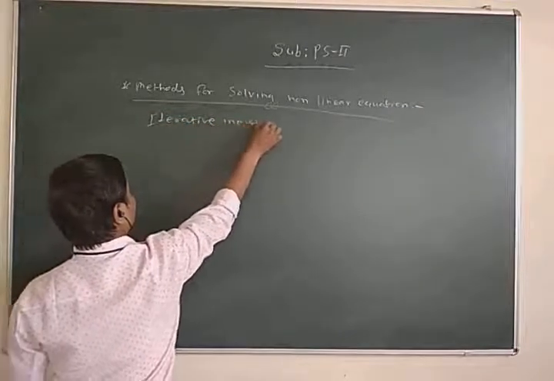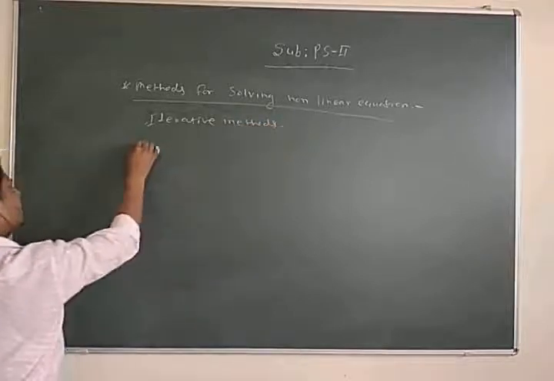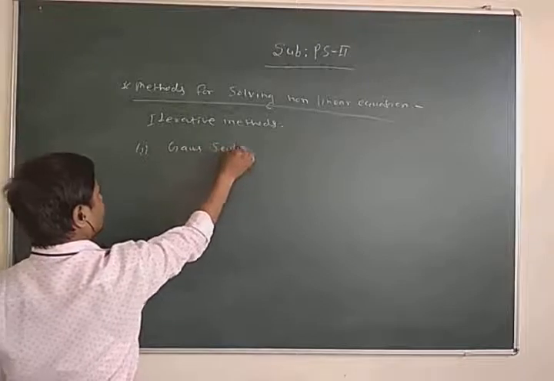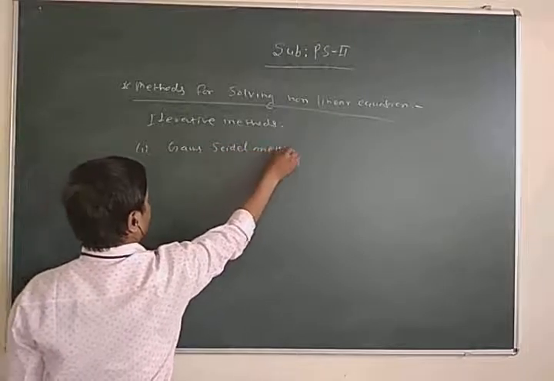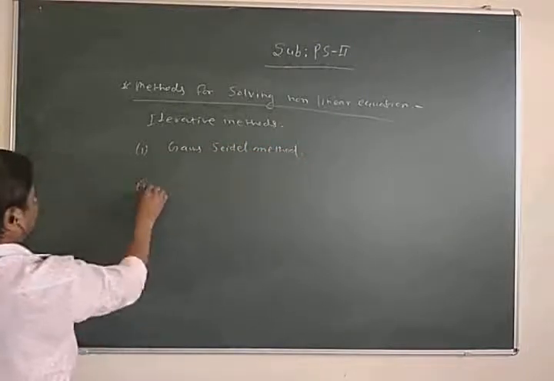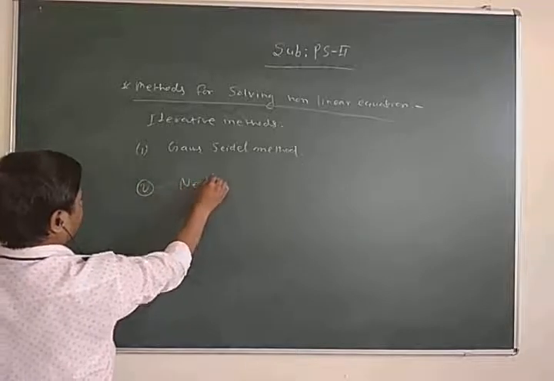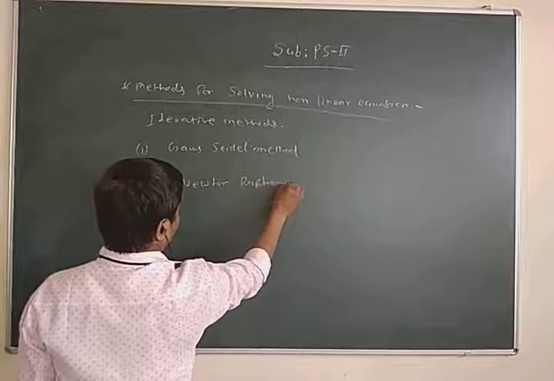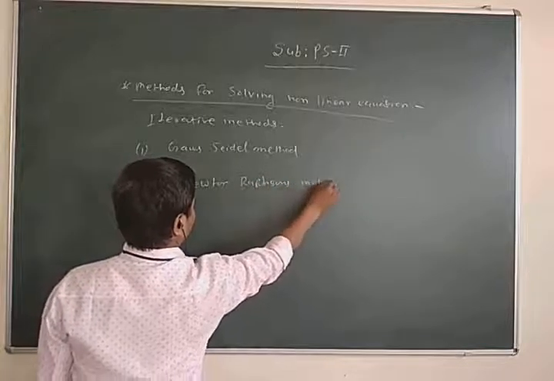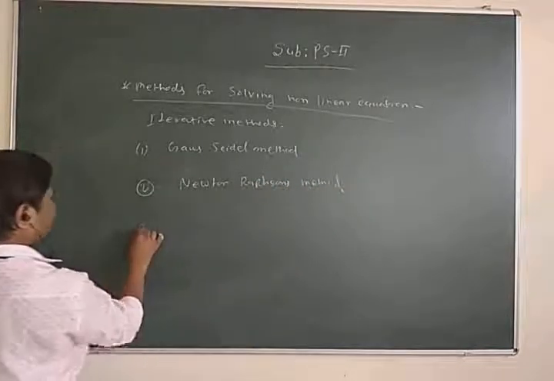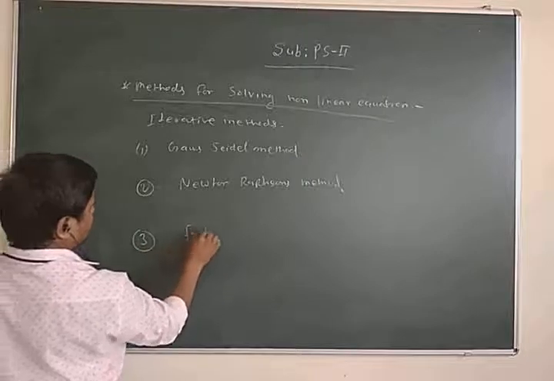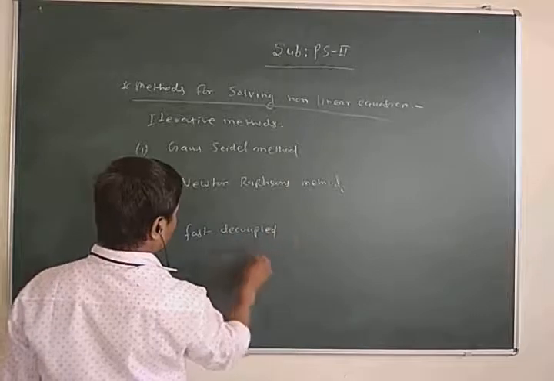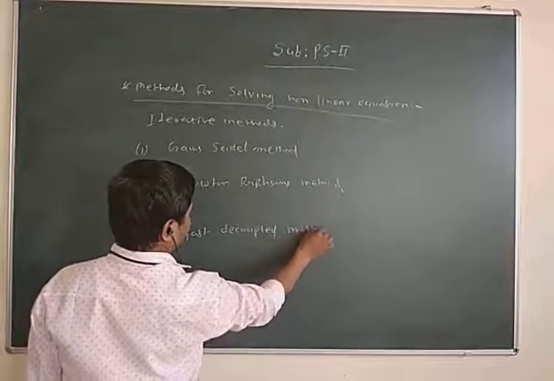The first is the Gauss-Seidel method, second is the Newton-Raphson method, and third is the fast decoupled method.